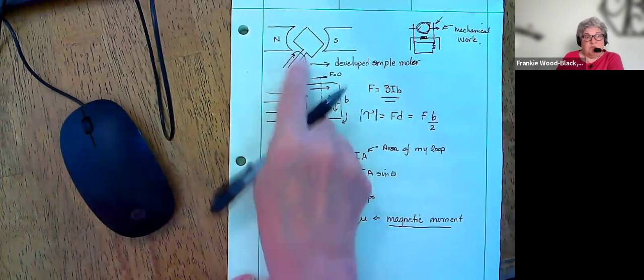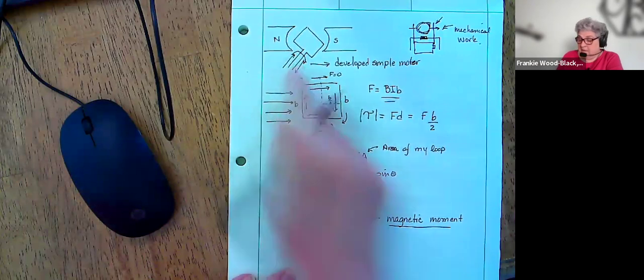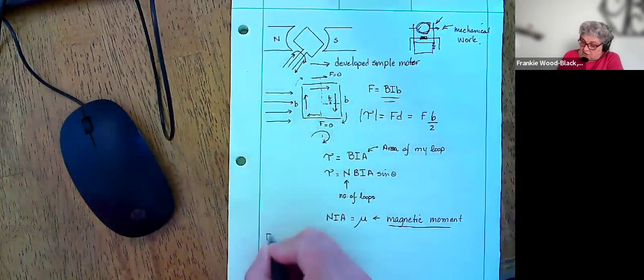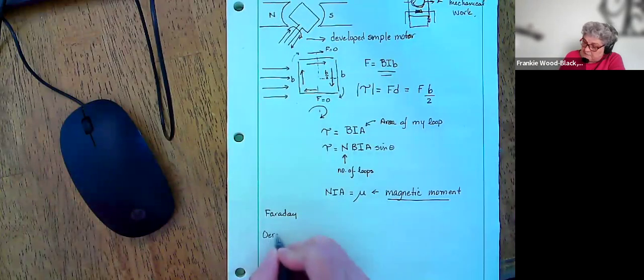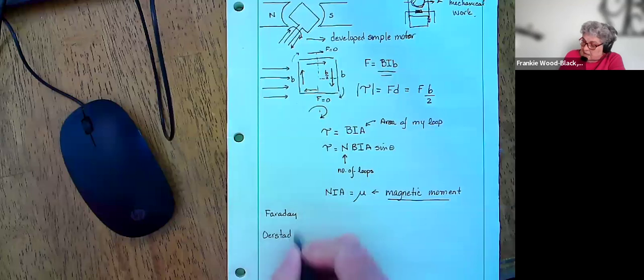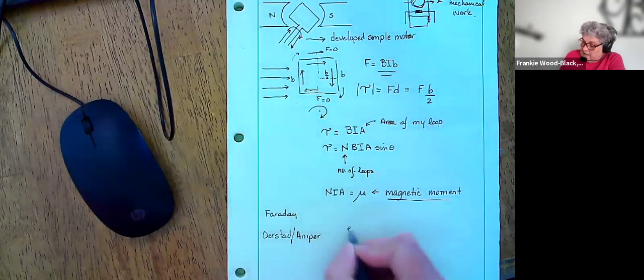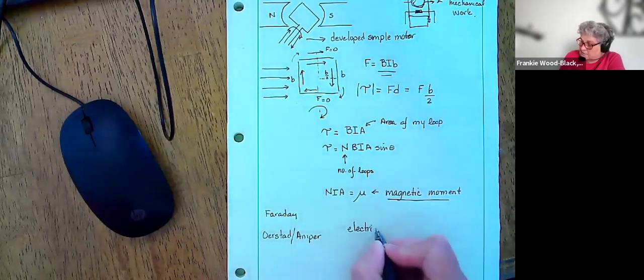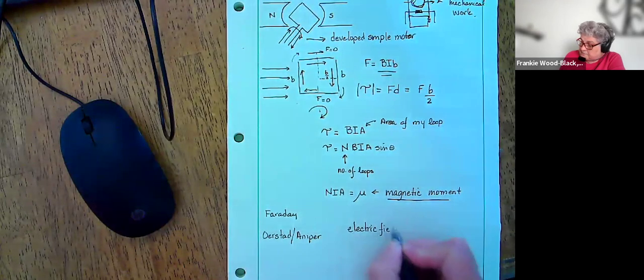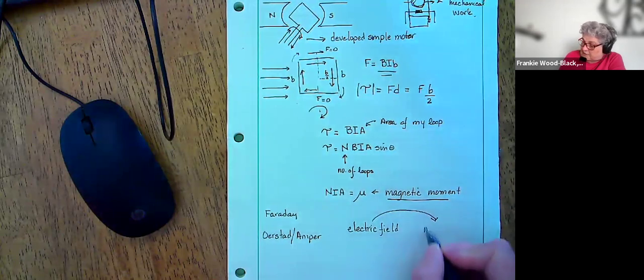If I were to use something, what's going to happen is Faraday's going to show. So what we have is Oersted and Ampere said that if I generate an electric field and I have a movement of an electric field, it will give me a magnetic field.